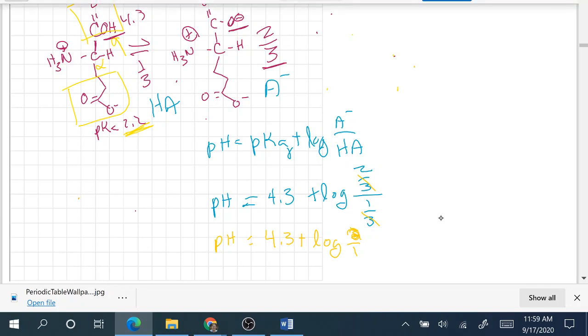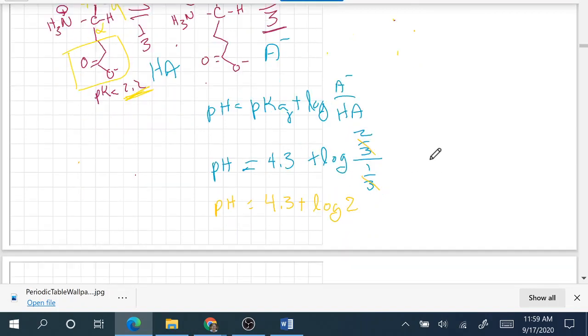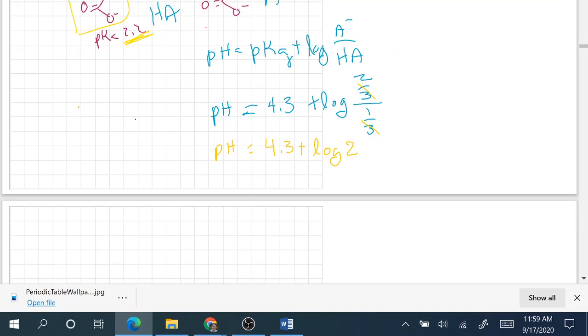So let's erase this and put log 2. Okay, so the pH is equal to 4.3 plus 0.30, which is equal to 4.6.